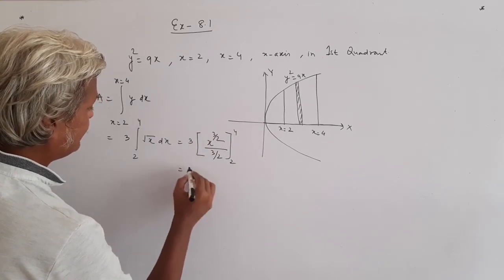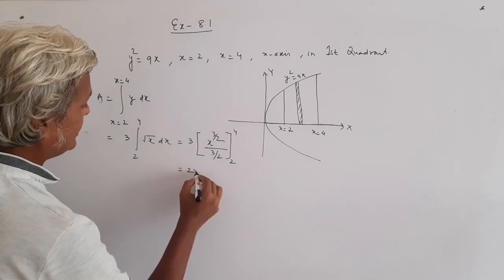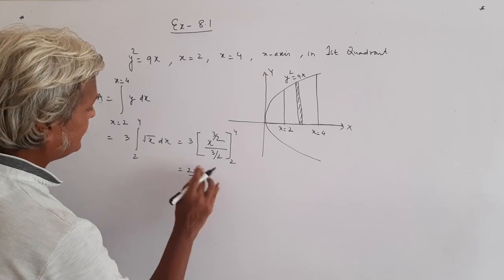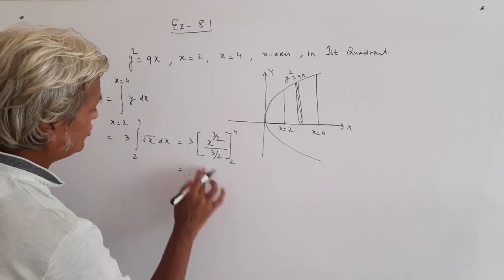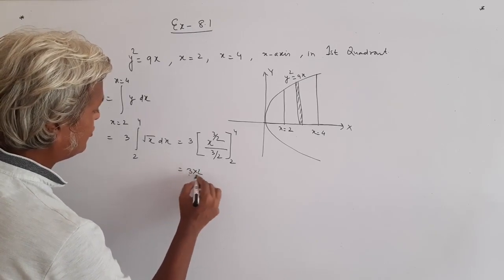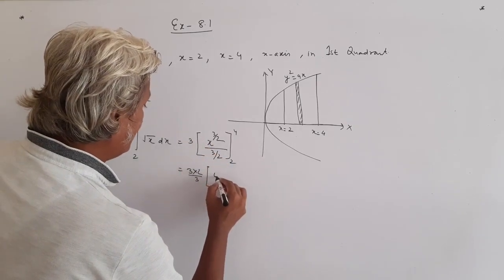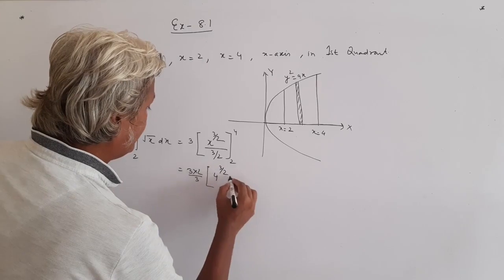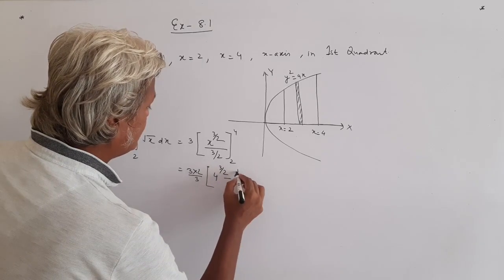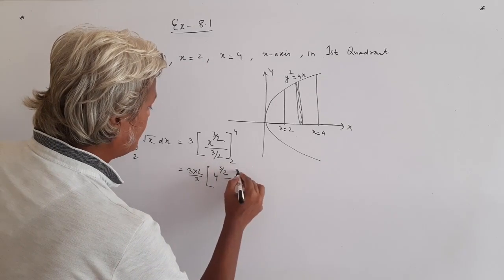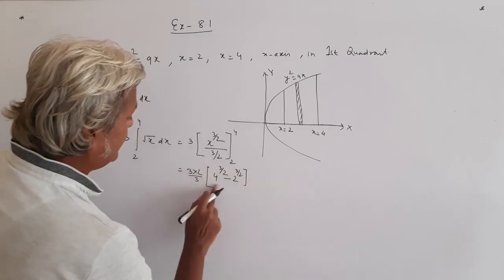So we are getting 3 into 2 upon 3, and this is 4 to the power 3 by 2 minus 2 to the power 3 by 2.